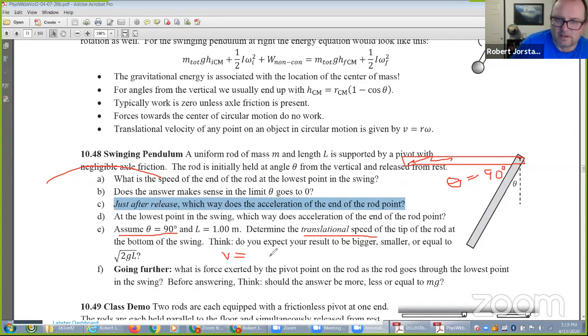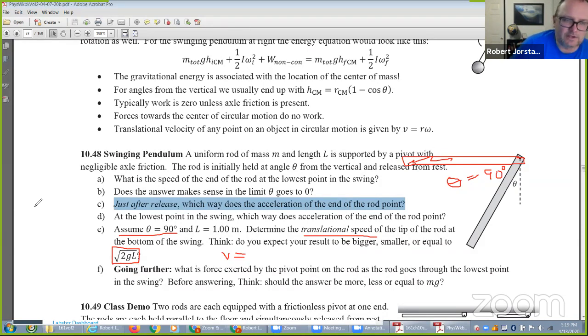But the point being here, this one's a little surprising. You might say, should it be bigger or smaller than this right here? This is the free fall result for a rod that falls distance L, right?